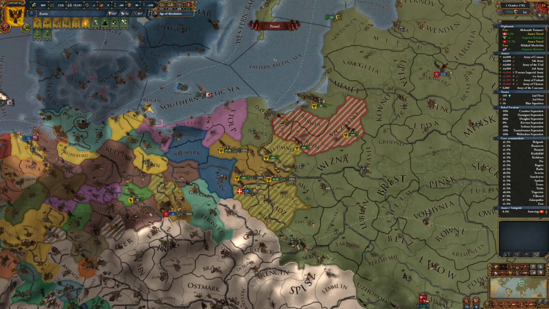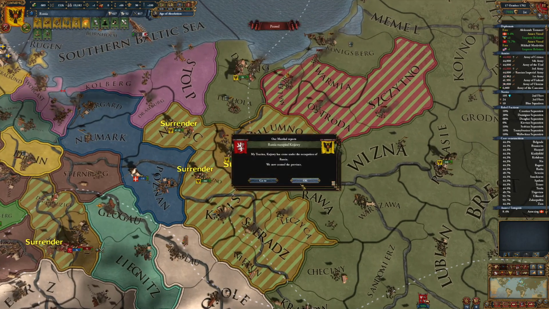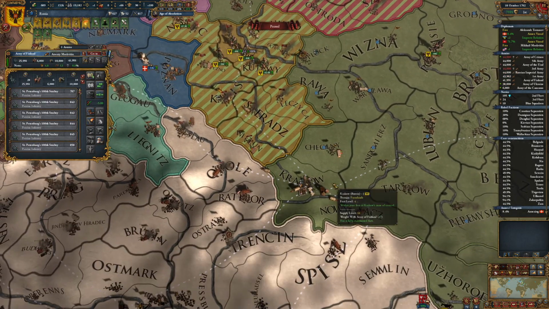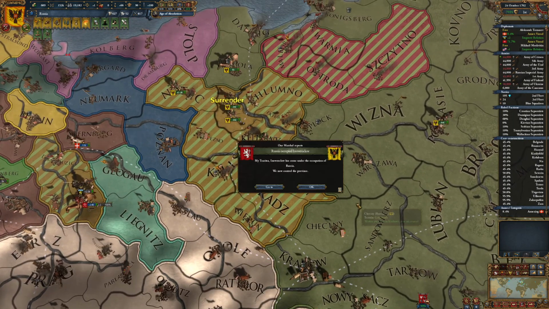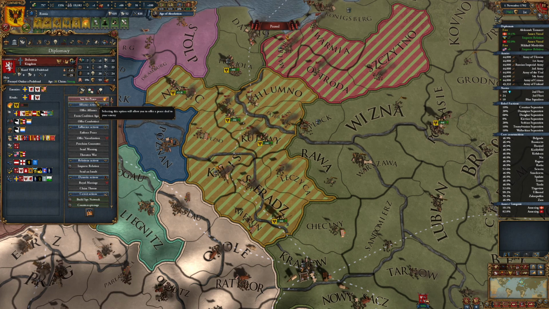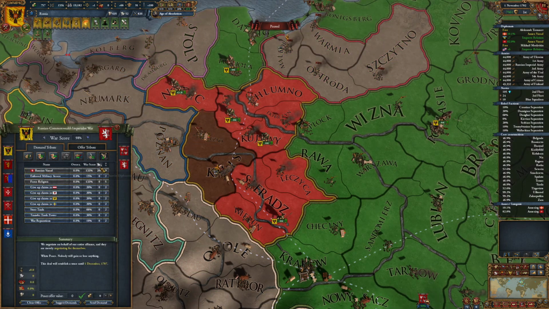Yeah, since Bohemia is actually defending, I didn't co-belligerate because I don't feel like that's necessary. I probably am going to have to deal with the possibility of not being able to vassalize them. Yeah, not possible.